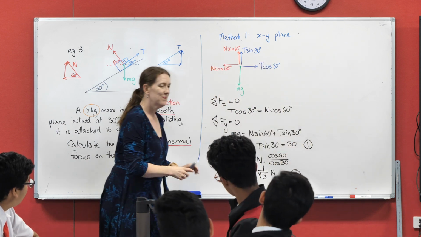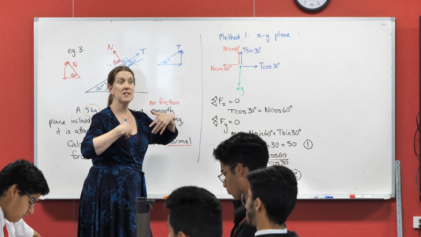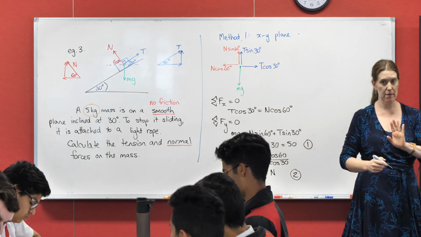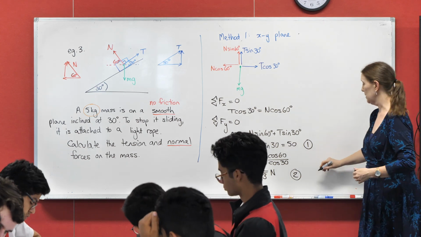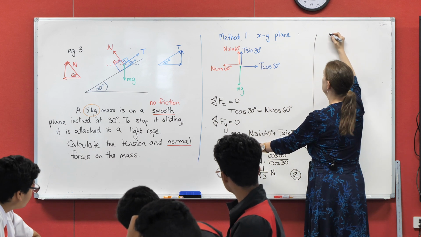All right. So we've got this one. We're going to sub it in here. And in the same step, I'm going to convert all of these. Are we okay with that? You're okay with me doing two things? I don't normally like it, but let's have a go. So, N sine 60. What's sine 60?